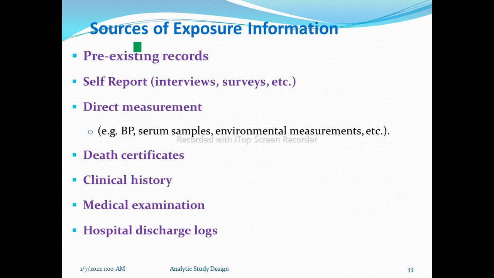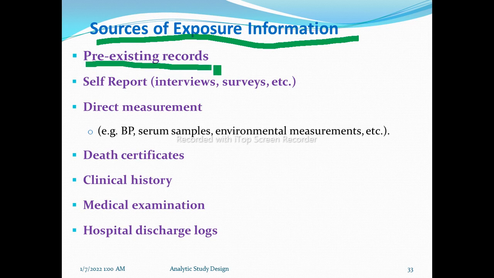Source of exposure information. Exposures may be selected from pre-existing records. Exposures may be recorded from self-report, interviews, or surveys. This is common. Self-report or direct measurement is mostly common for cohort.